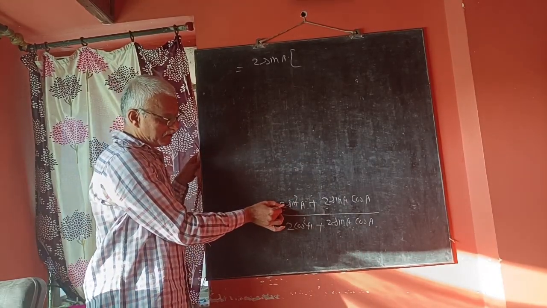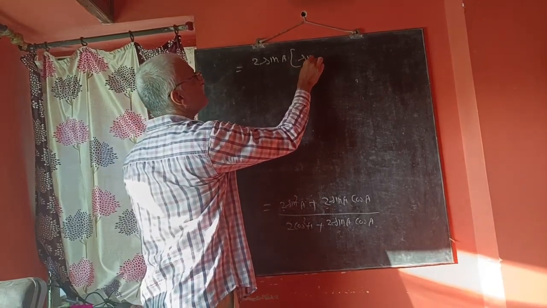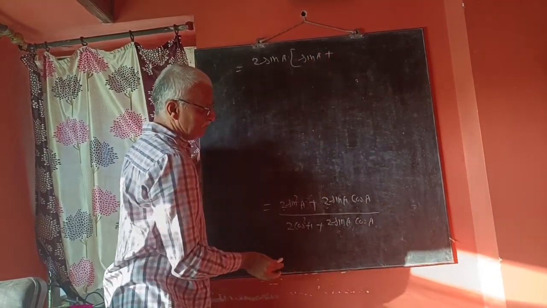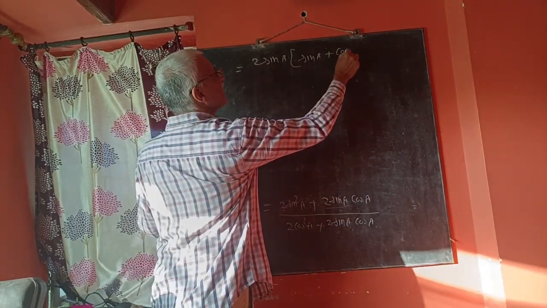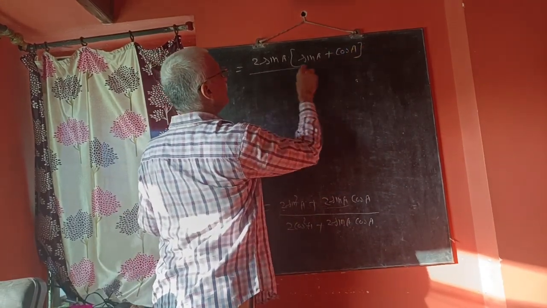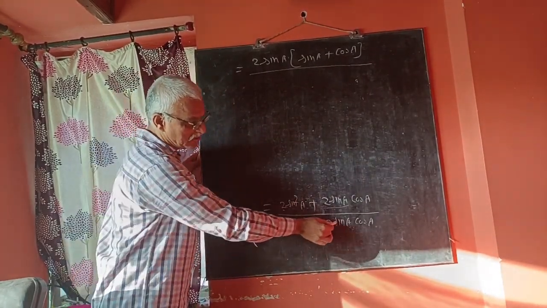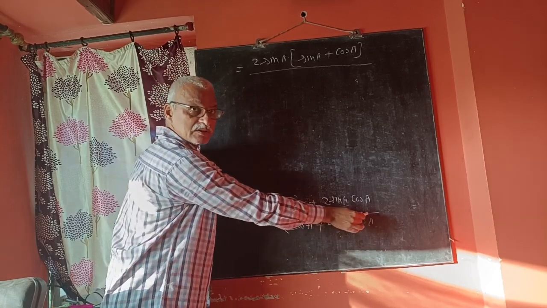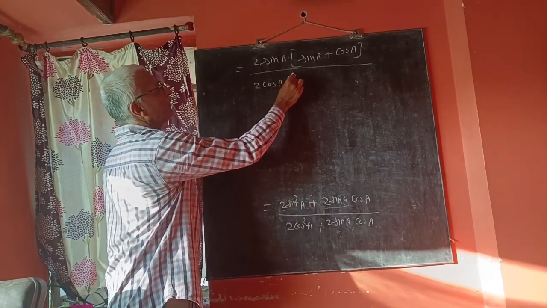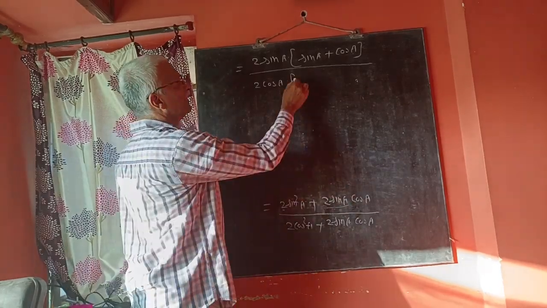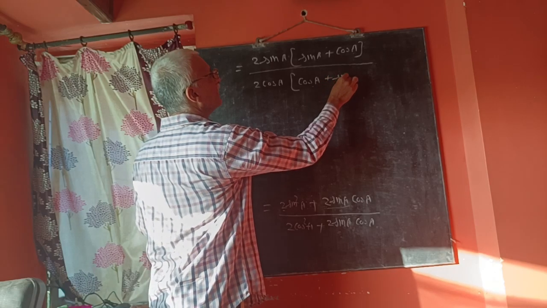From this term, after taking 2 sin A outside the bracket, the remaining is sin A, plus, from the other term, it remains cos A. Divided by the same in the denominator. From the denominator we can take 2 cos A common, so 2 cos A into, in the bracket, cos A plus sin A.